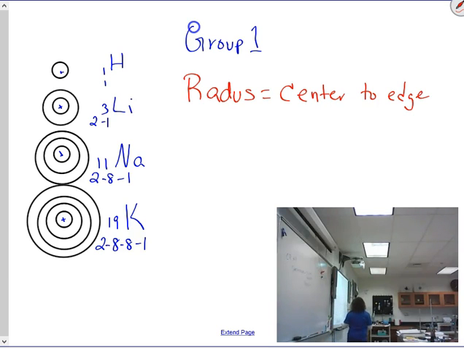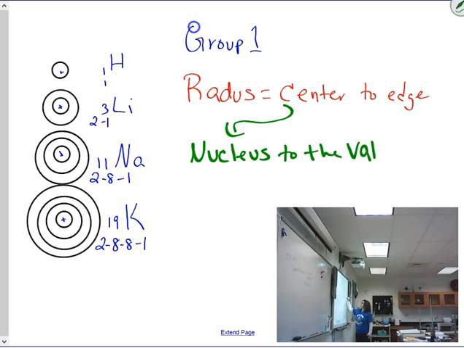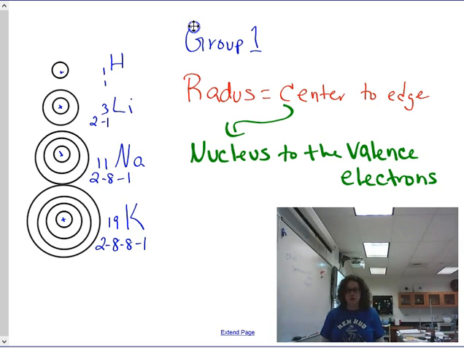So instead of saying from the center to the edge, we say from the nucleus to the valence electrons. As you go from top to bottom down a group, the radius will increase. As the atomic number increases, there are more orbitals. And that's why we say that this looks like a snowman, the atomic radius snowman.